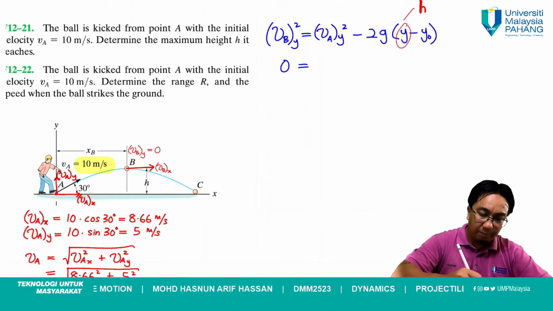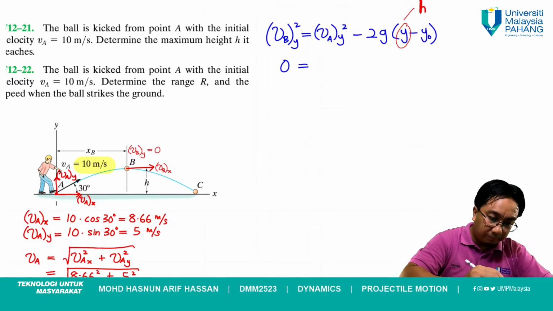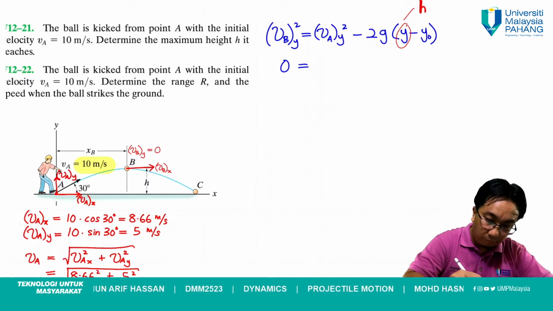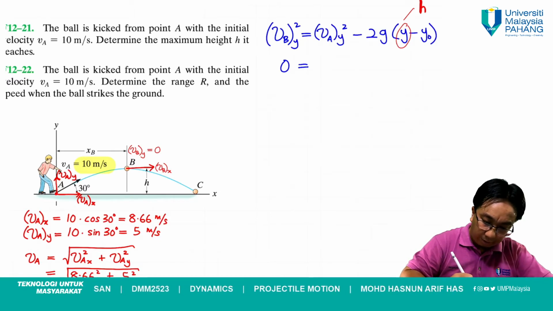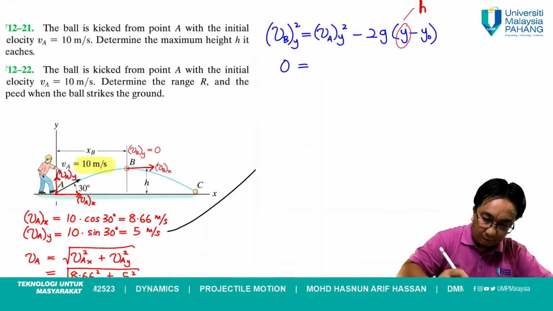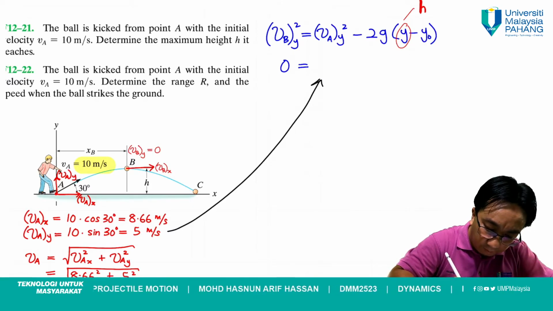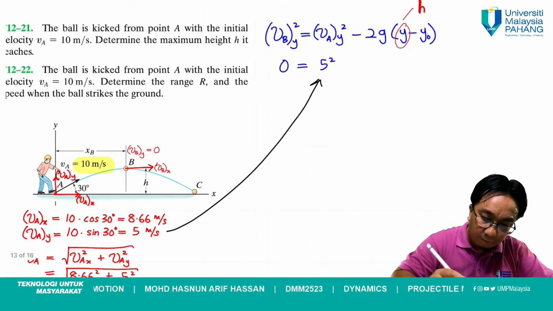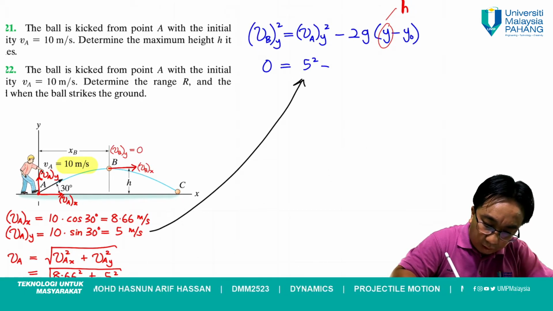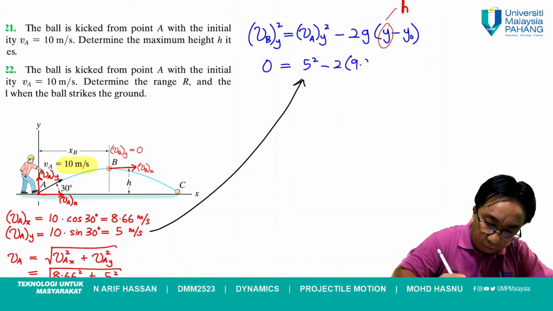Kita dah calculate di bawah ni. VAY ni daripada sini lah. Yes, daripada sini kita akan jadi 5 square di sini. 5 square minus 2 darab 9.81.